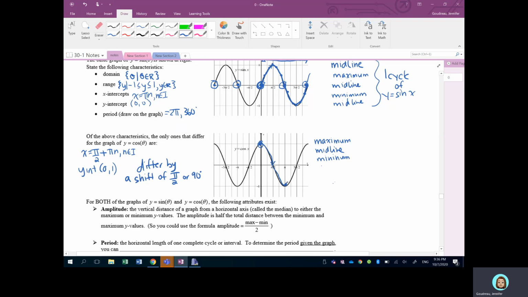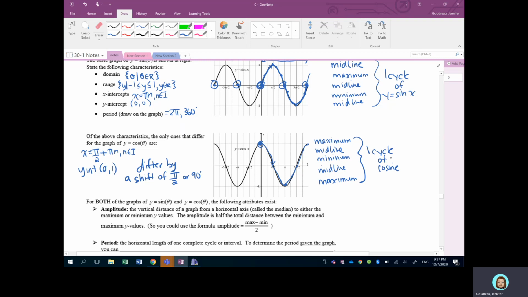Then it starts to bounce back up. It passes back through the midline and finishes up at the maximum. So no matter what we do to transform a cosine function, it will still follow that pattern. That right there is one cycle of cosine.